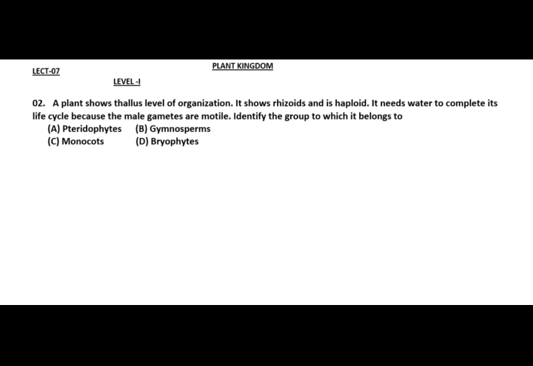So in case of pteridophytes, we don't find the main plant body with the thallus level of organization. Here, the dominant phase is sporophyte, which is well differentiated. And coming to gymnosperms, also the same case. We don't find thallus level of organization. The main plant body is sporophyte, which will be diploid.